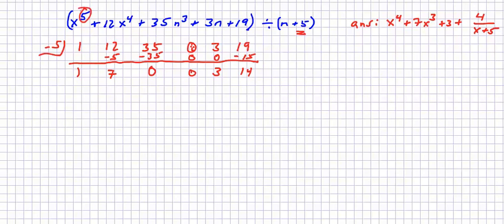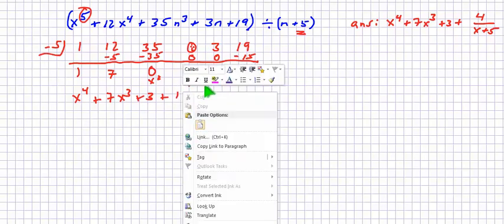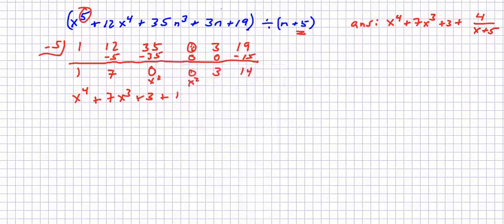It's the 5th degree, quintic, so our answer is a quartic, 4th degree, plus 7x cubed. This is the x squared, nada. The x, nada. Plus 3, our constant, and a remainder, 4. Whoops.